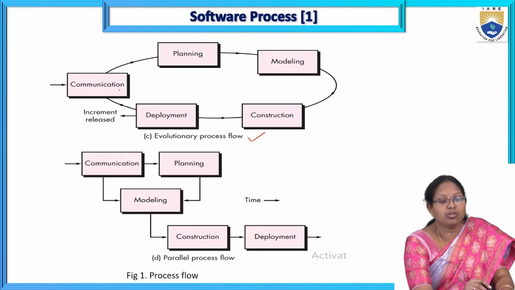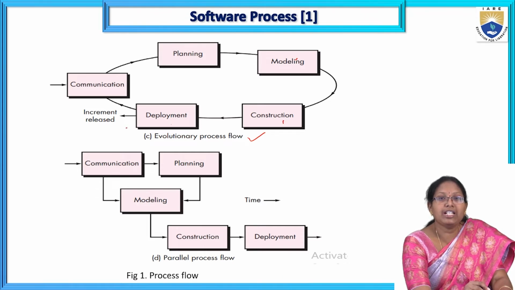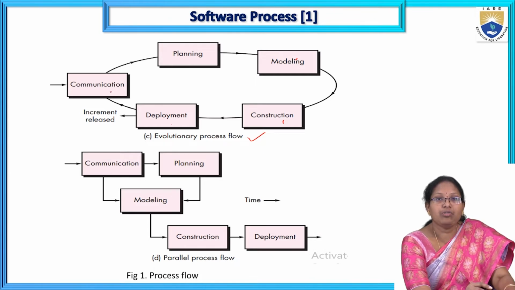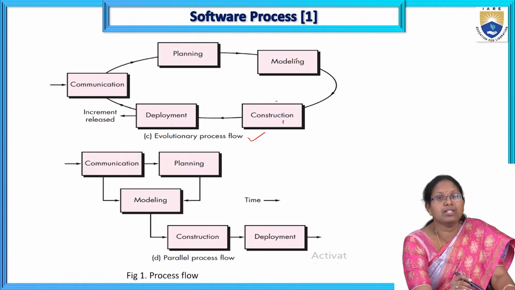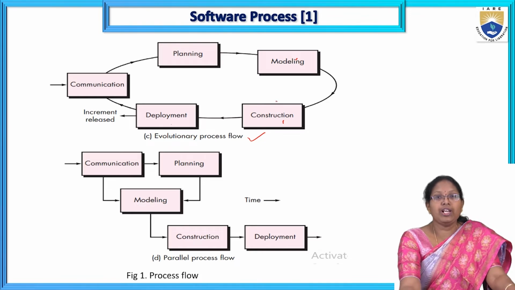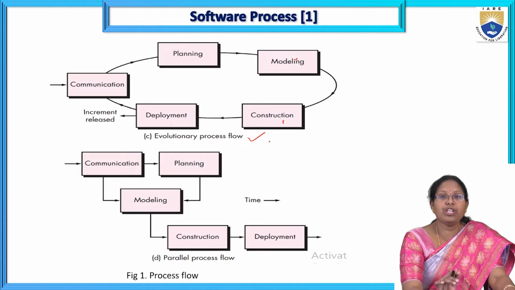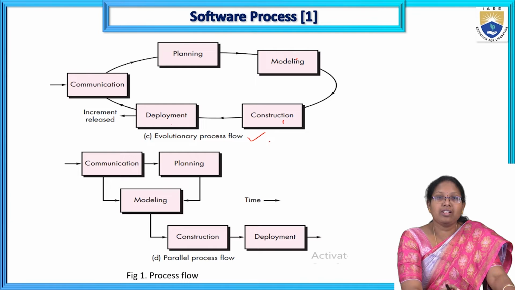Communication, then planning, then modeling, then construction, deployment. Finally one increment is over, one module is over. Then go for another module with the same process going on. That's why it is called the evolutionary process flow. So these are the different kinds of flows used in our process models.